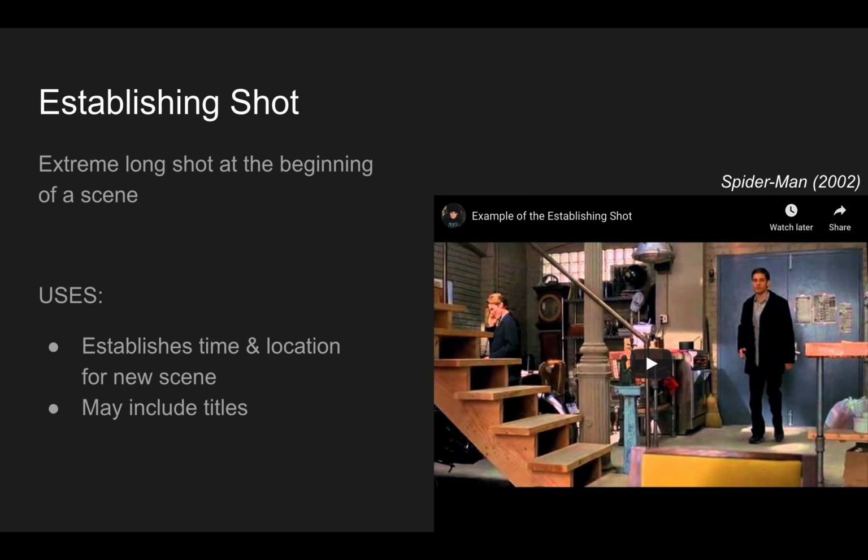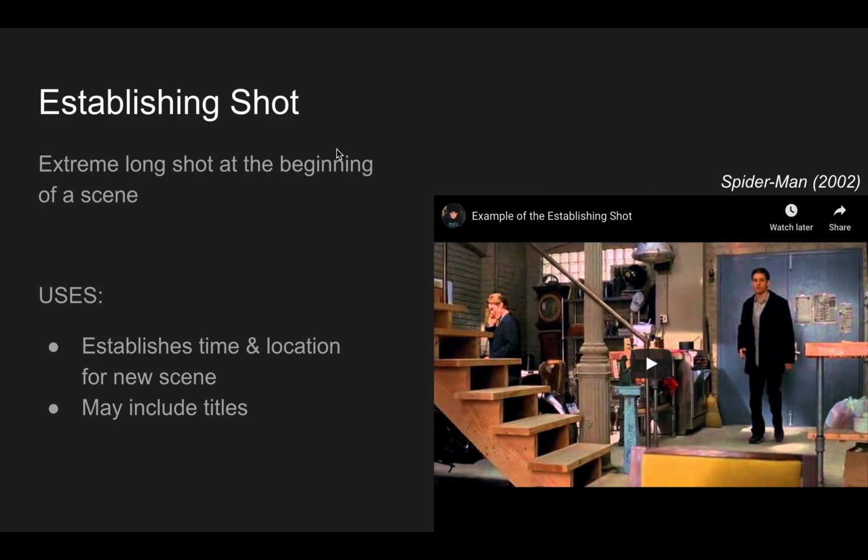The establishing shot is used to move us from one place to the next and to let us know that we're changing location. So for those of you who watch Friends, or maybe even if you're familiar with the old sitcom Seinfeld, you know that when we go from, say, in Friends, from Central Perk, the coffee shop, to one of the Friends' apartment buildings, well, after the scene in the coffee shop, we're going to get an extreme long shot of the apartment building from the outside.